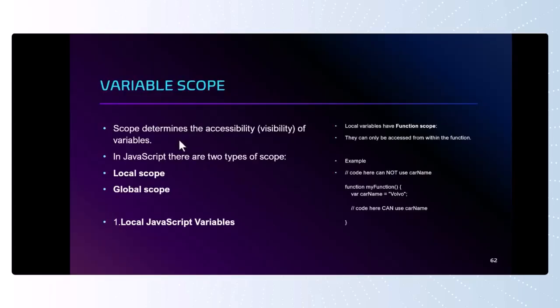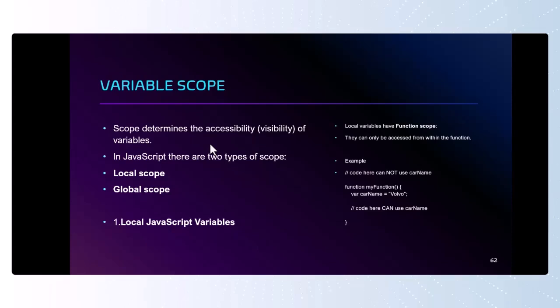So variable scope. Scope determines the accessibility, the visibility of the variables. In JavaScript, there are two types of scope: local scope and global scope. Local variables have a function scope, and they can be accessed from within the function.